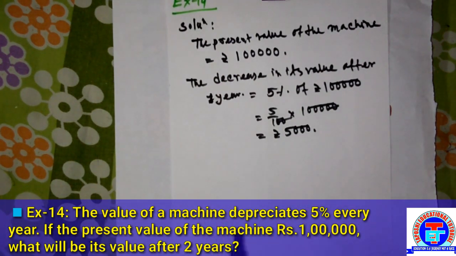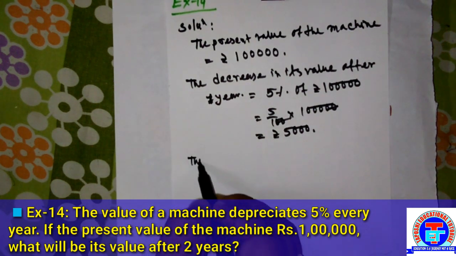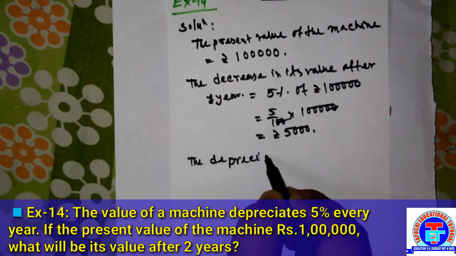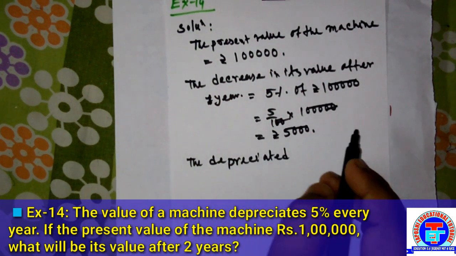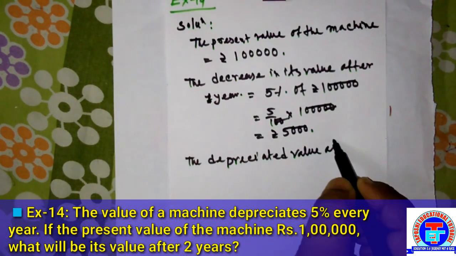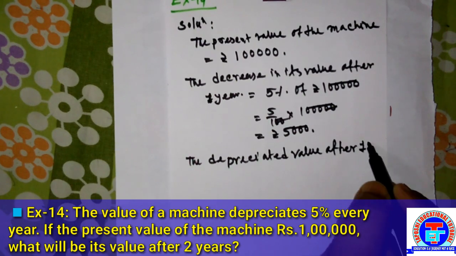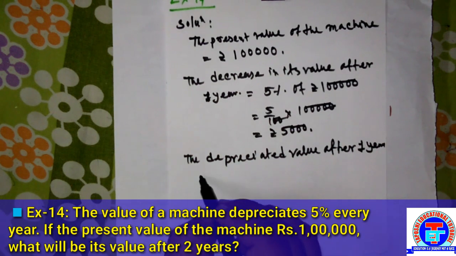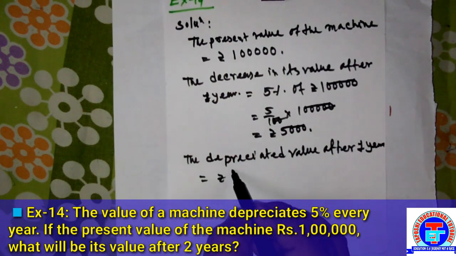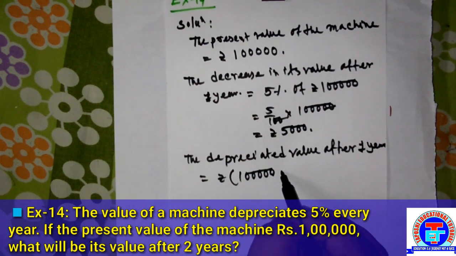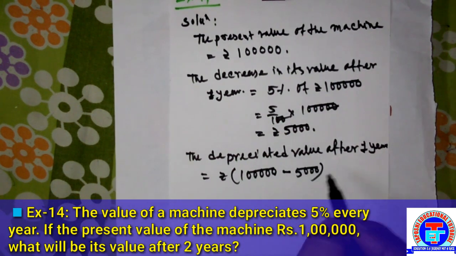Now the depreciated value after 1 year became rupees 1 lakh minus 5,000.